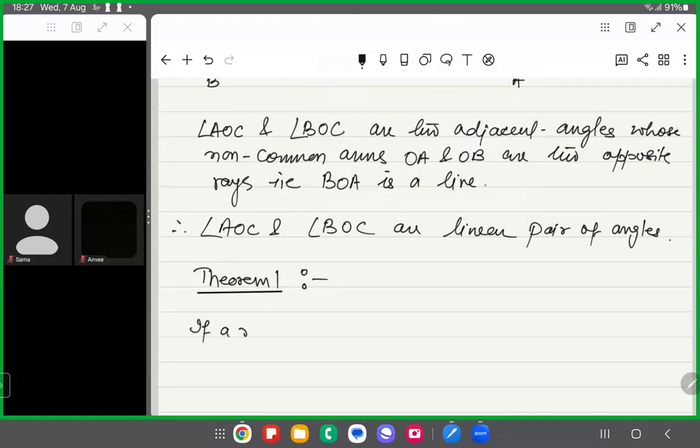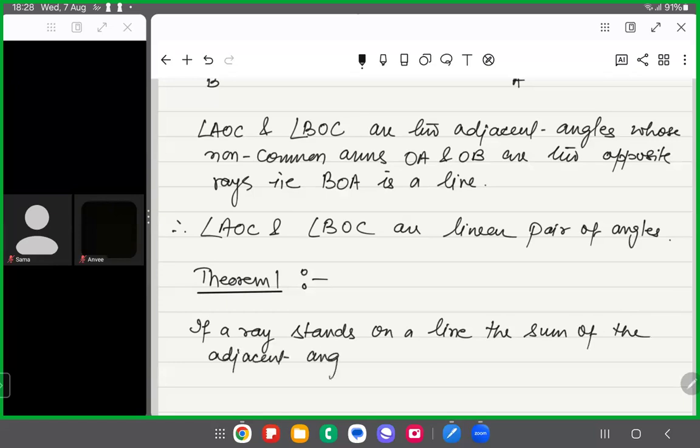If a ray stands on a line, then the sum of the adjacent angles so formed is 180 degree.